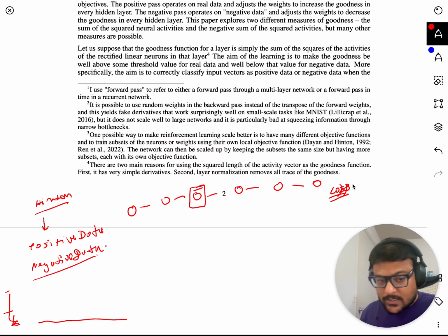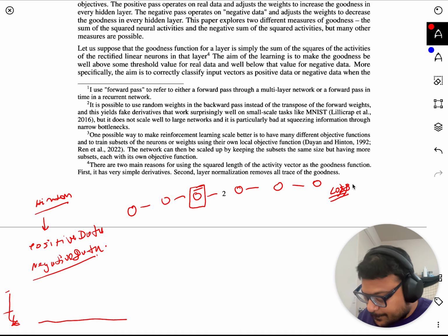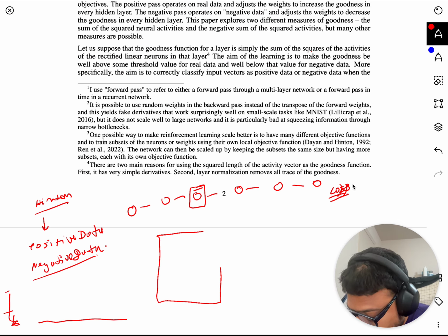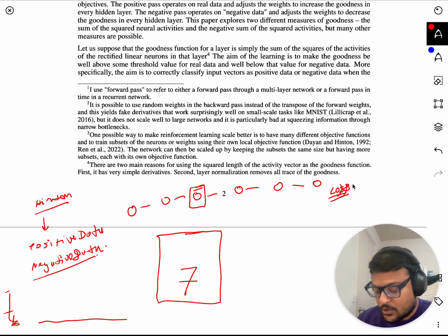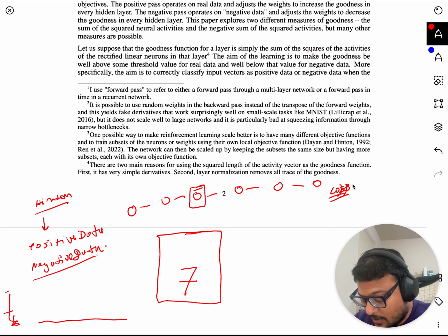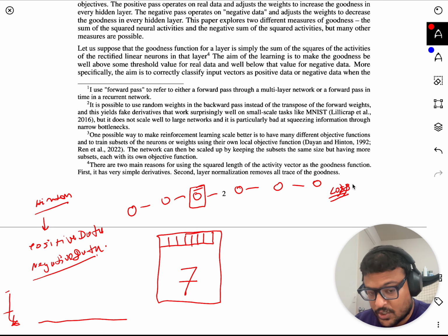So what is positive data and what is negative data? Let's have a look at this. Let's say you have a digit 7. On the top left you can define 10 pixels corresponding to the 10 classes, 0, 1, 2 and so on.